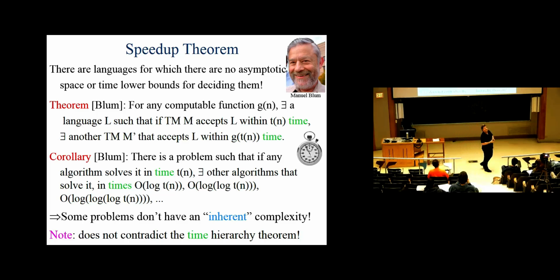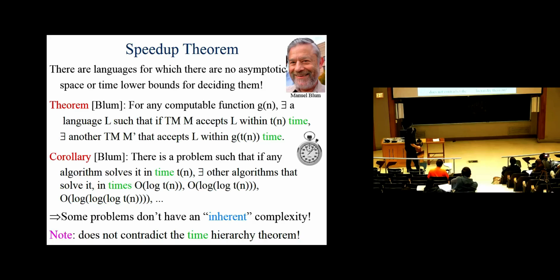Another way of saying it, there are functions for which there's no best algorithm asymptotically. It says that if you can solve a problem in time t of n, there exists another algorithm that can solve it in time log of t of n, and another that can solve it in time log of that, and so on ad infinitum. There are faster and faster asymptotic algorithms to accept the same language, to compute the same function, which is weird.